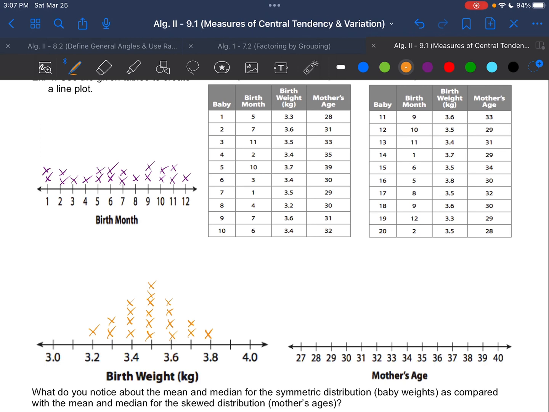All right, so here's the birth weight, and then we'll go on to mother's age as well now.